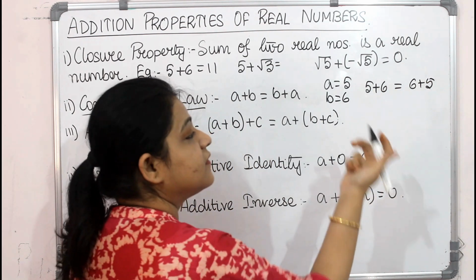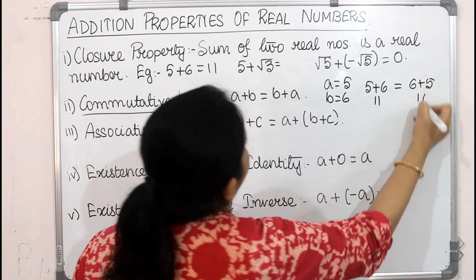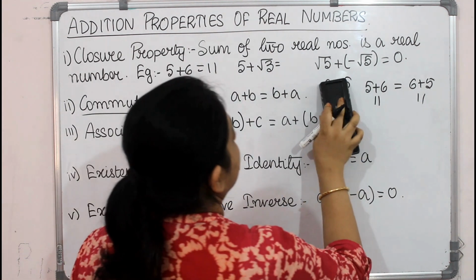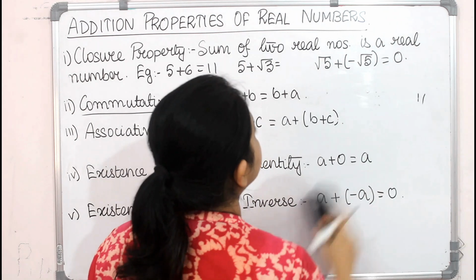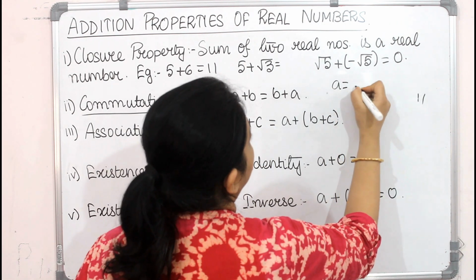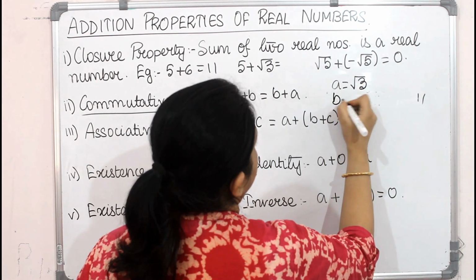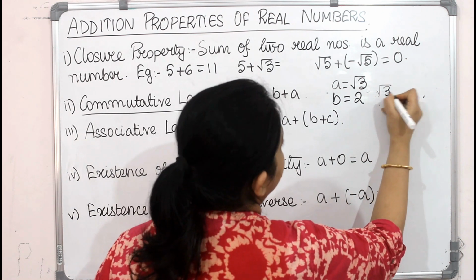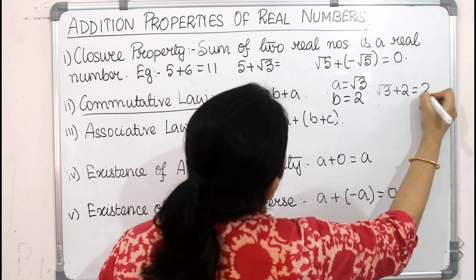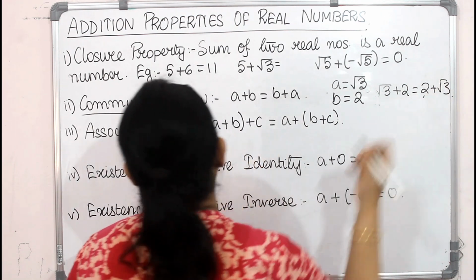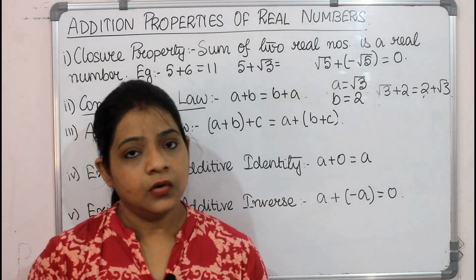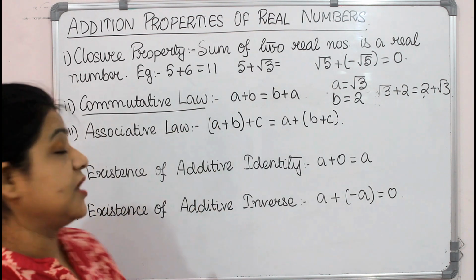That is, 5 plus 6 will give me 11, 6 plus 5 will also give me 11. Next, if I give the example, suppose a equal to root 3 and b equal to 2. So root 3 plus 2 is equal to 2 plus root 3. So that is your commutative law of addition.